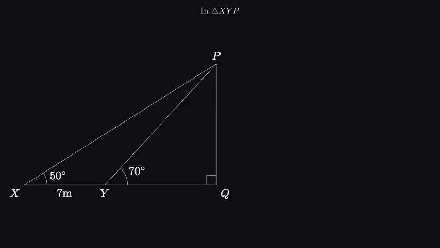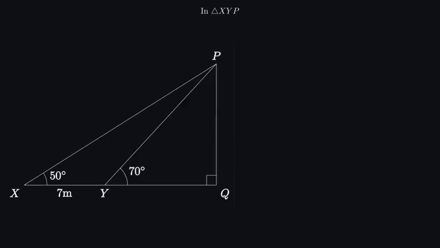Now we can find the angle at P, which is angle XPY. So, angle XPY equals 20 degrees. Now we use the sine rule in triangle XYP. We use the sine rule because this triangle is not a right-angled triangle, and we have one side with its opposite angle.